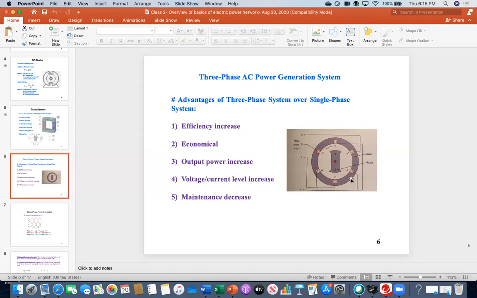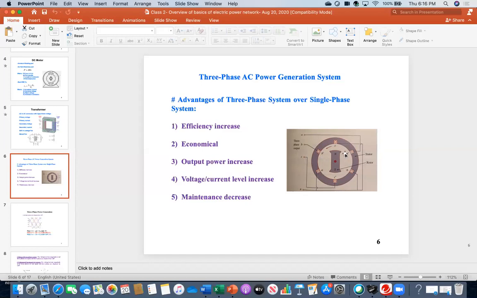Therefore, just look at this picture. In this case, you see there is a magnet and this is the AC generator. This magnet will move with the help of the shaft, which is not shown here. And then these are the three-phase coils, like AA prime, BB prime, CC prime.